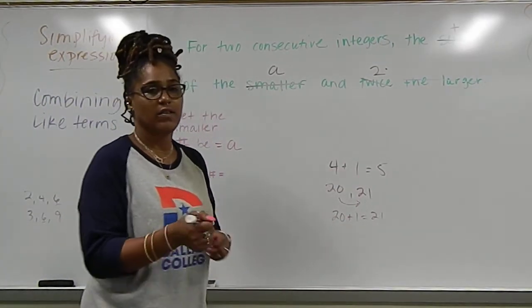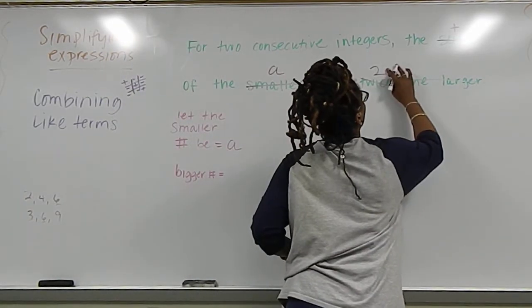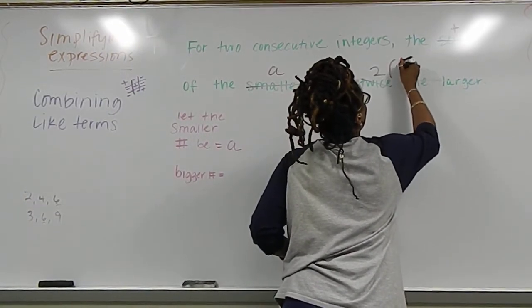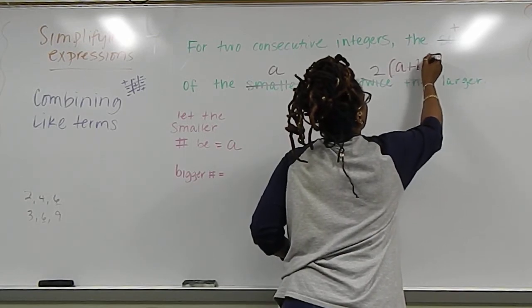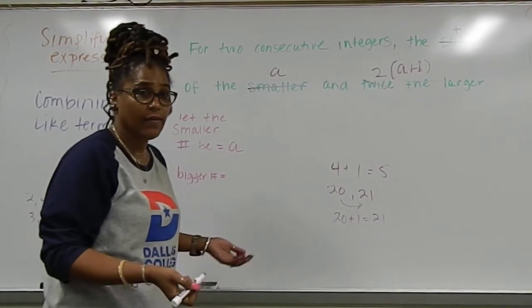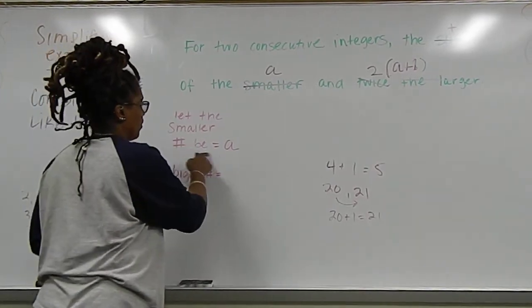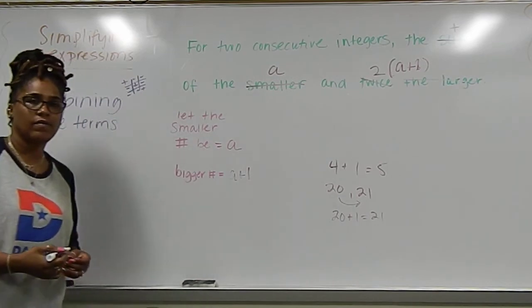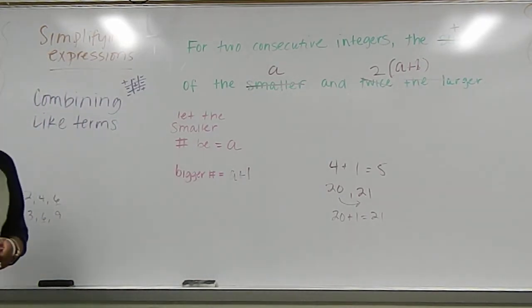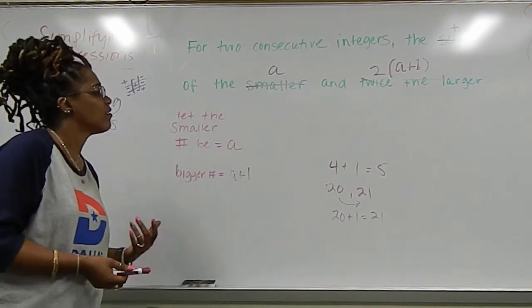So that means this could be 2 times, I'm going to change that to A plus 1, right? Because whatever it is, if the smaller number is A and we're consecutive, all we have to do is add 1 to get to the next one.